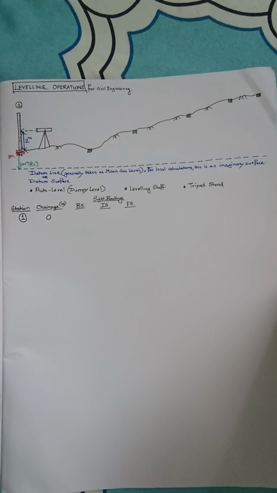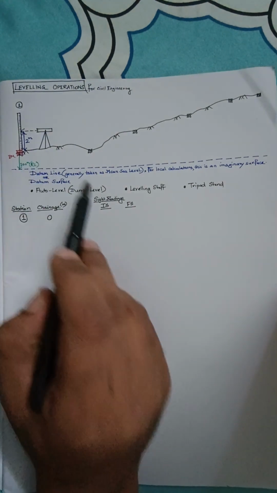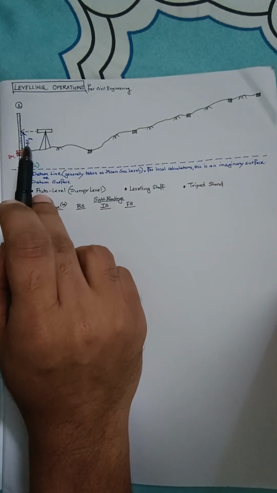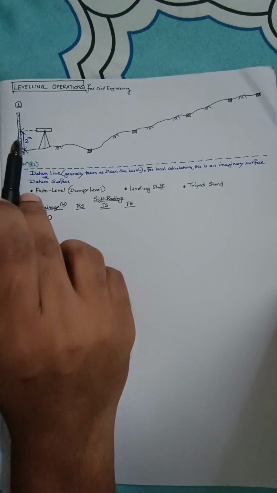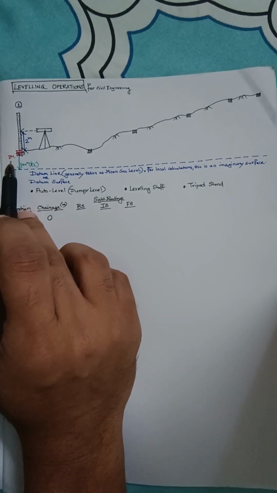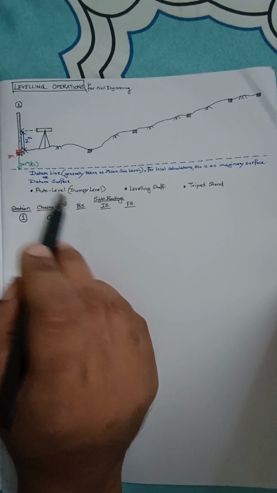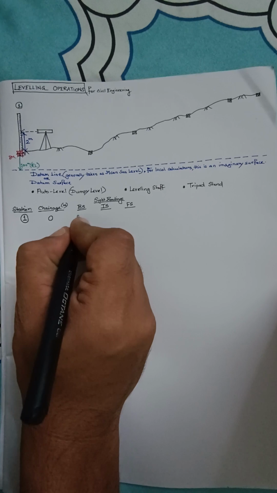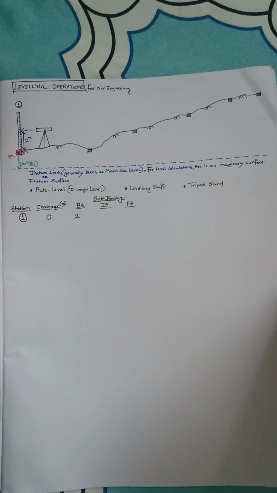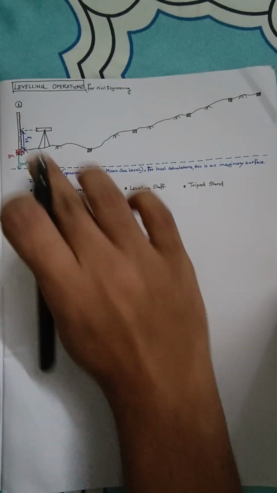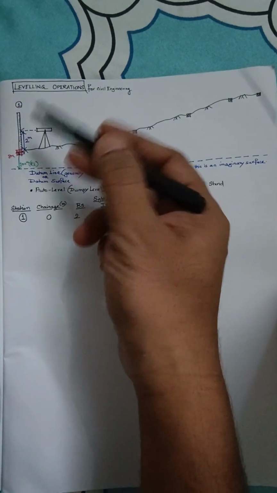Correct. Now at this point we have a sight reading, and where do we write this? The first sight reading, or the sight reading on the benchmark, is always considered a backsight reading, and that is why you are supposed to write it over here. Now this thing is over. This station 1 is sorted.